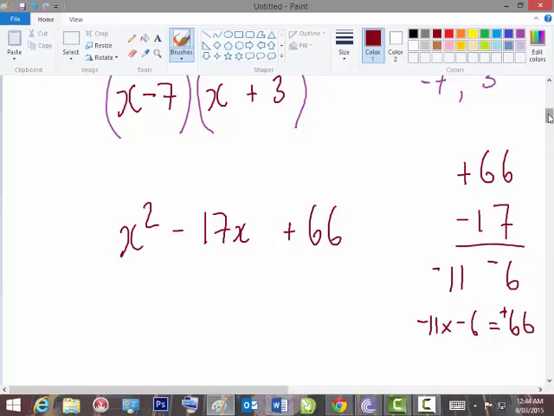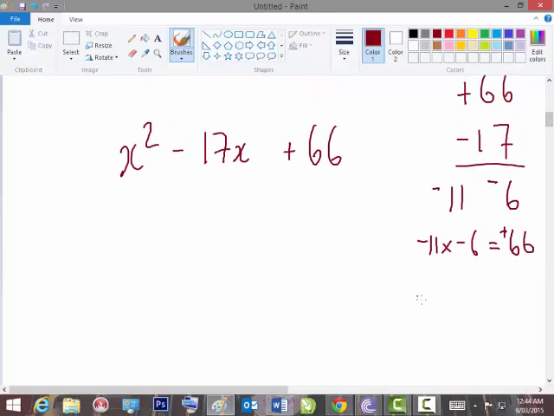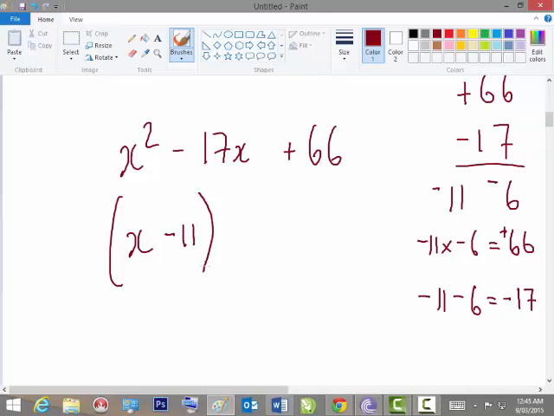When you're multiplying two negatives together, it gives you positive, right? And then also negative 11 minus negative 6 gives me negative 17, right? So I've solved it. So it's x minus 11 and x minus 6 is the answer.